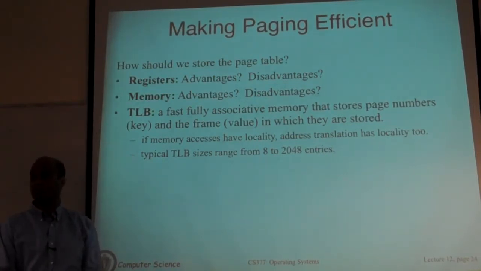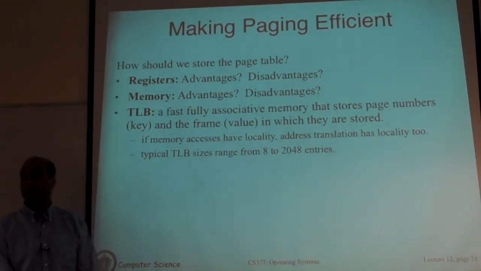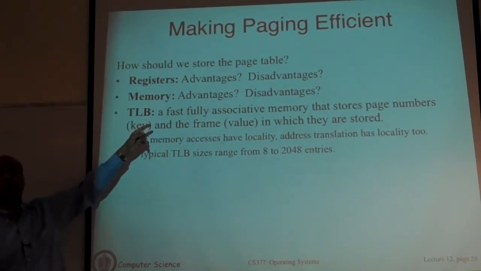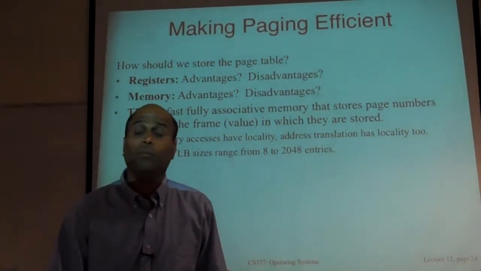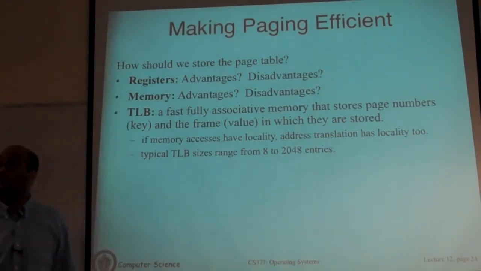That's fast, but there are only so many registers. If you have a process with 1,000 pages, you couldn't possibly have 1,000 registers. If you have a small process, maybe you can store it in registers. The advantage is that it's fast. The disadvantage is that it puts a limit on how many page table entries you can have. So you cannot always store it in registers.